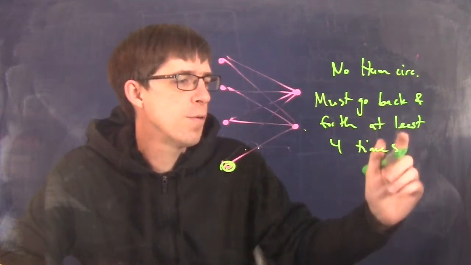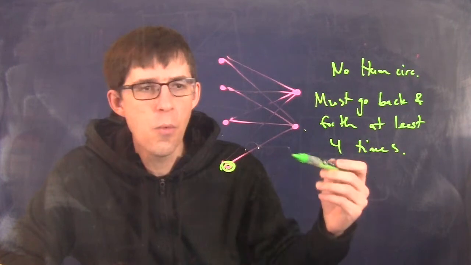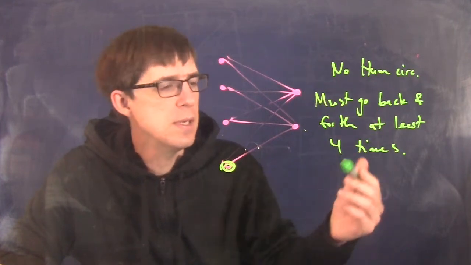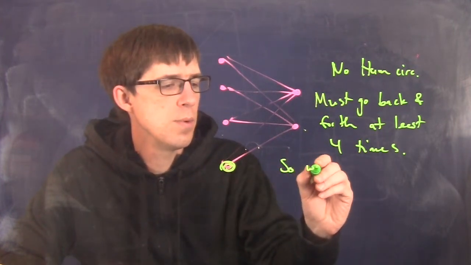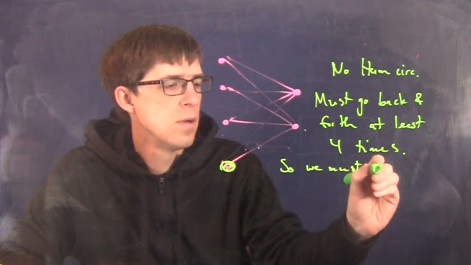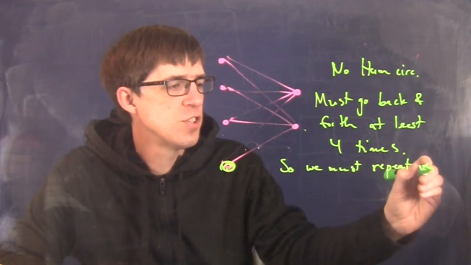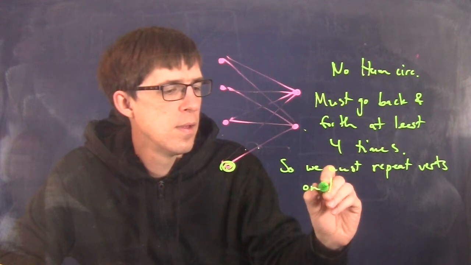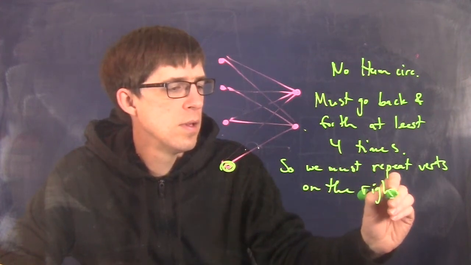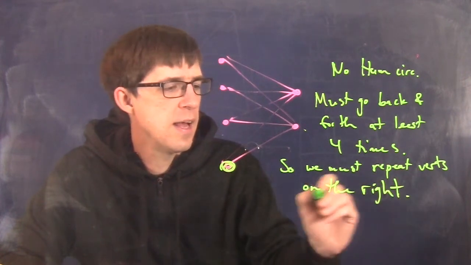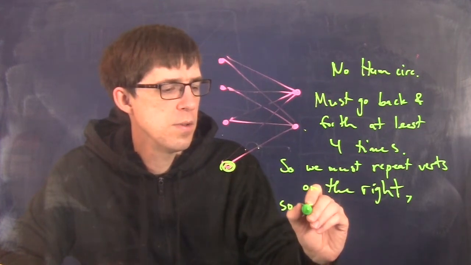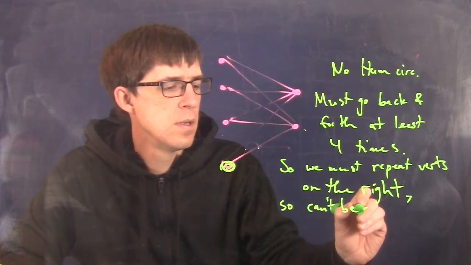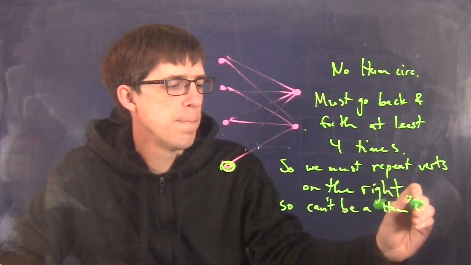So you have to go back and forth at least 4 times, but that's not going to work because that will require you to repeat some of those ones on the right. So we must repeat vertices on the right. And this is not allowed in a Hamilton circuit, so there can't be a Hamilton circuit.